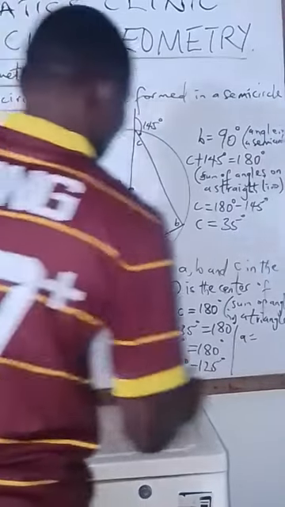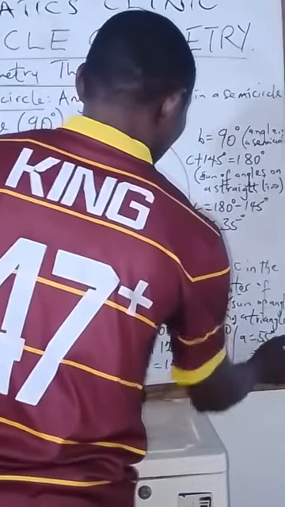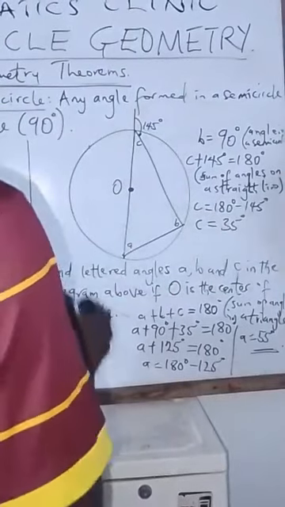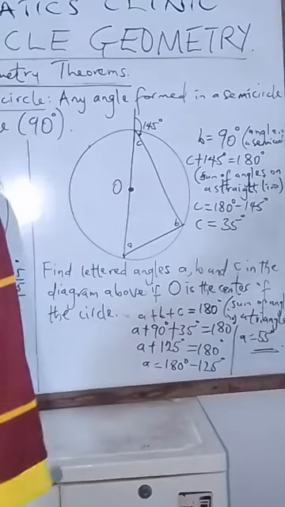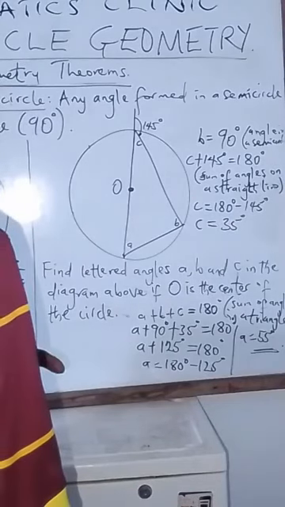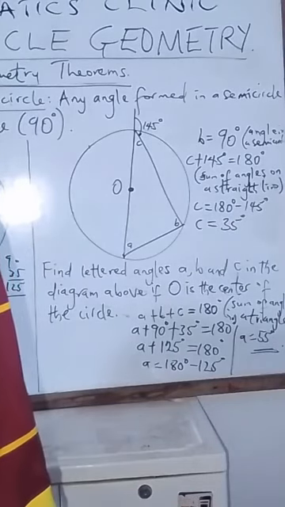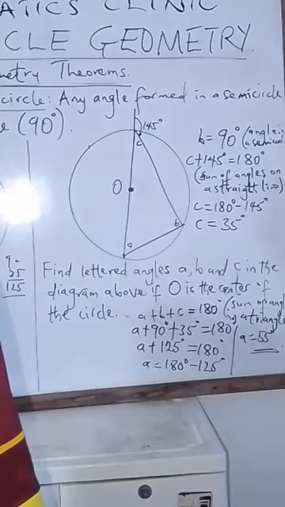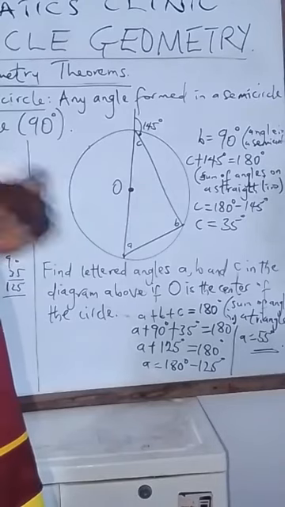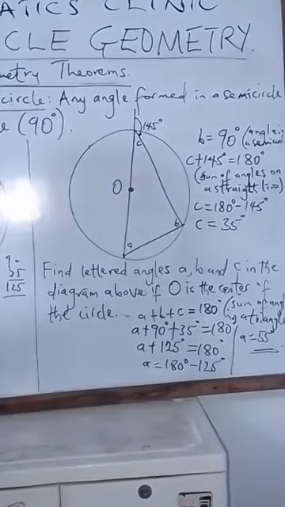A is equal to 55 degrees. So that is what angles A, B, and C are.